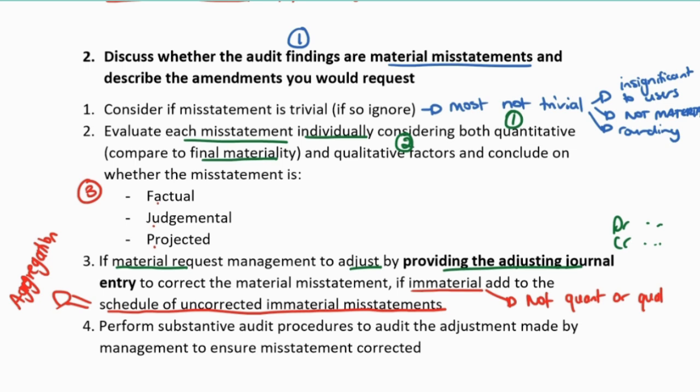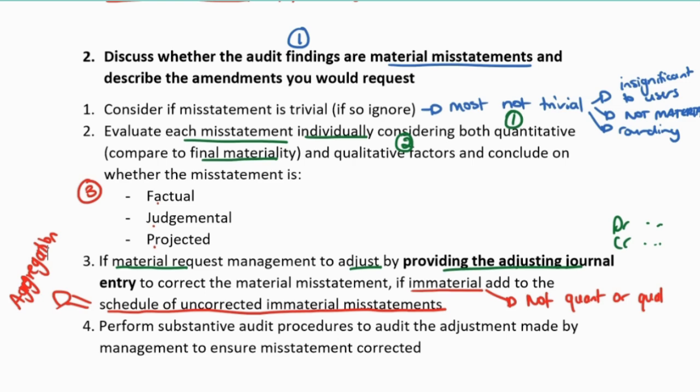So I first do them individually, make them adjust if there's anything material, and then all the ones that were immaterial, I then go and add to the schedule. Okay, I audit the adjustments if management make the adjustments.